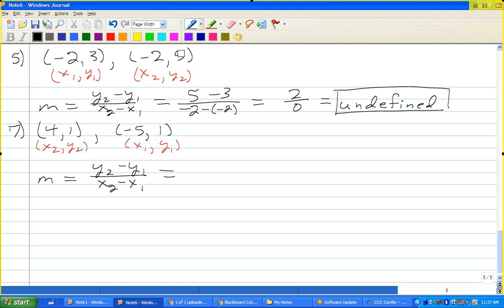It's not going to make any difference, just as long as if this is the first x coordinate, then this has got to be the first y coordinate. So y2 minus y1 over x2 minus x1. 1 minus 1 is 0. 4 minus the negative 5 is the same as 4 plus 5, 9. 0 divided by 9 is 0. So the slope is 0, and this is the case of a horizontal line.